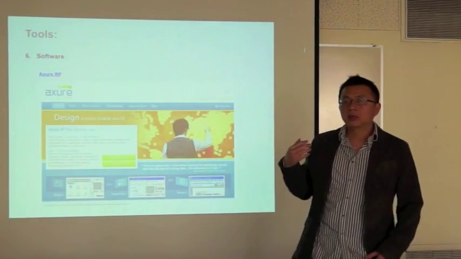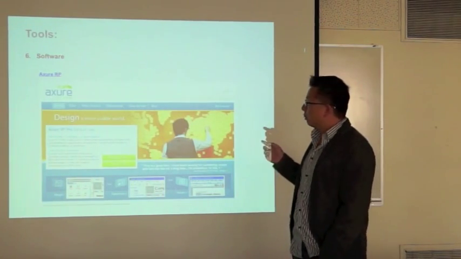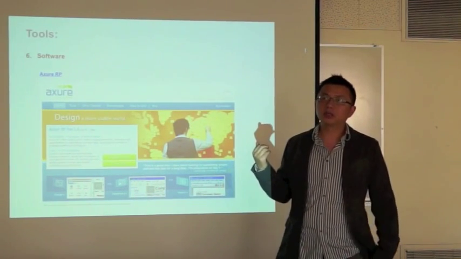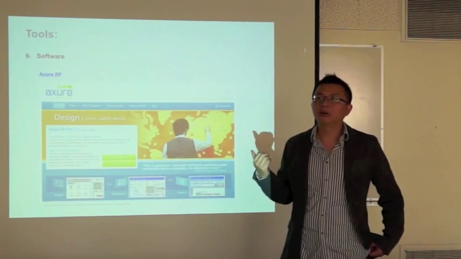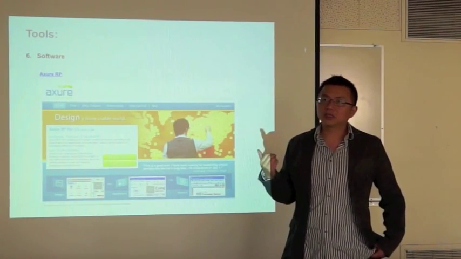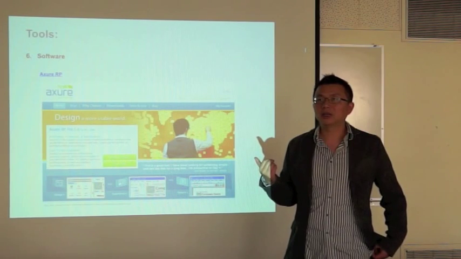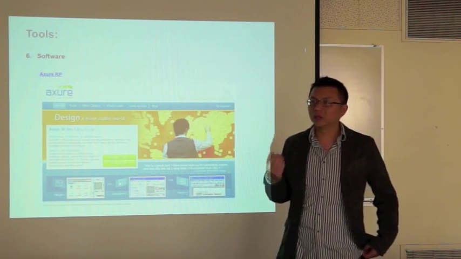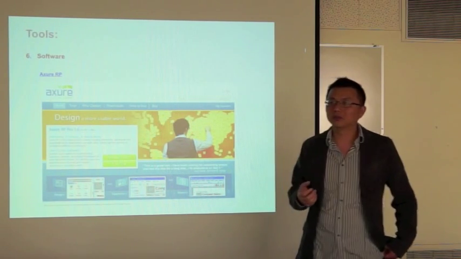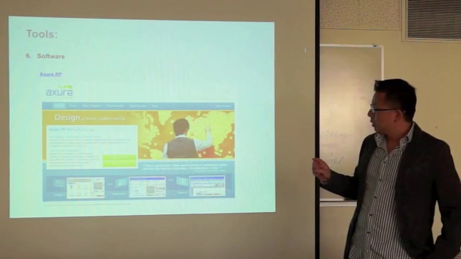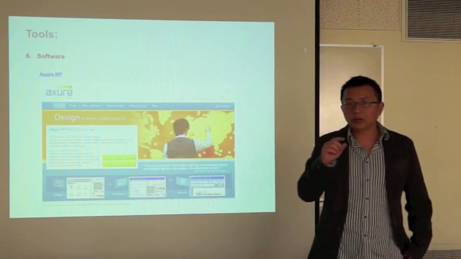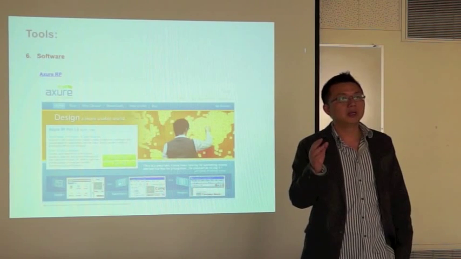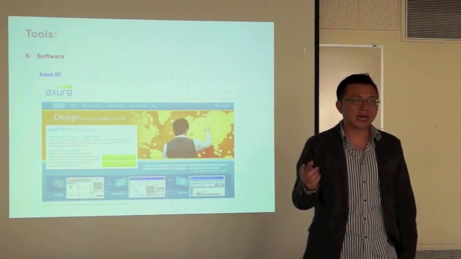Axure, of course. I also strongly recommend you guys play with Axure. You can download a free version with a 30-day trial. Even after the 30-day trial expires, you can install it again. They're not very strict about forcing you to buy. After you finish, it can generate an HTML file, and you can send the HTML to your clients.